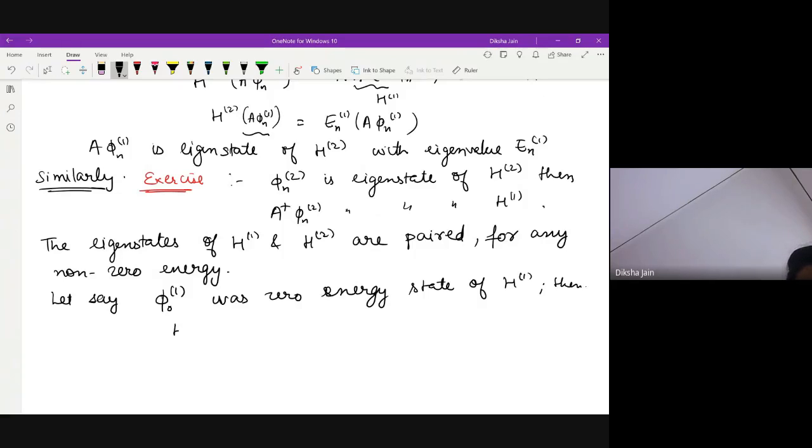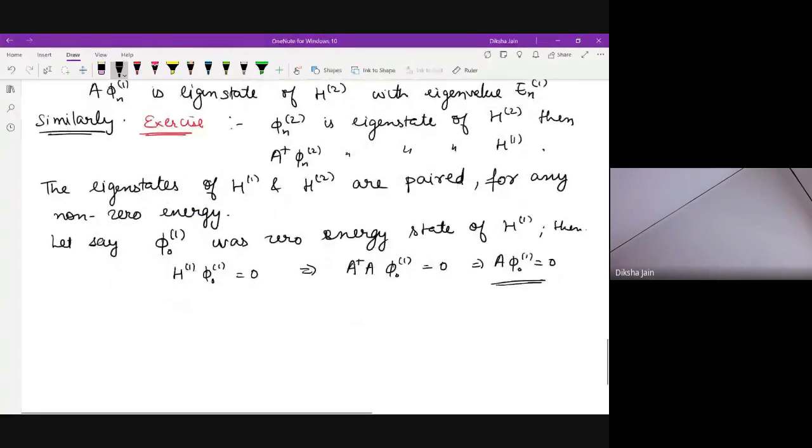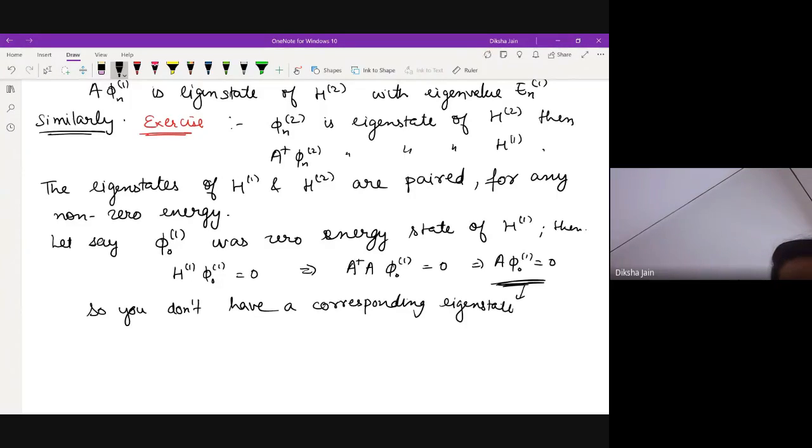Then H1 acting on phi 0, 1 is 0. This implies A dagger A acting on phi 0, 1 is 0, so A times phi 0, 1 is 0. But A times phi 0, 1 should have been the eigenstate of H2, and this term is 0. So you don't have a corresponding eigenstate for H2.